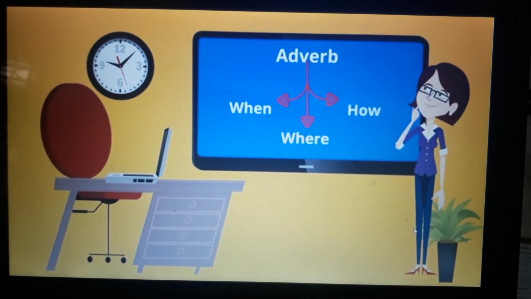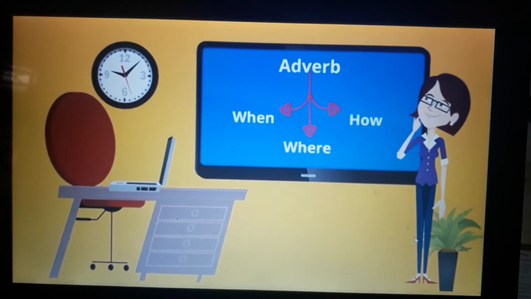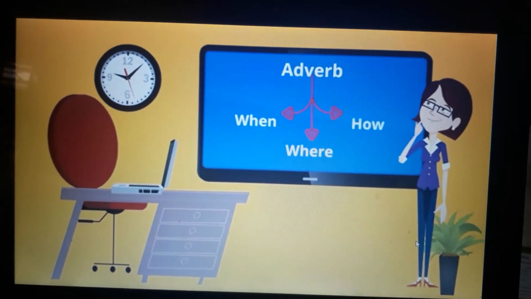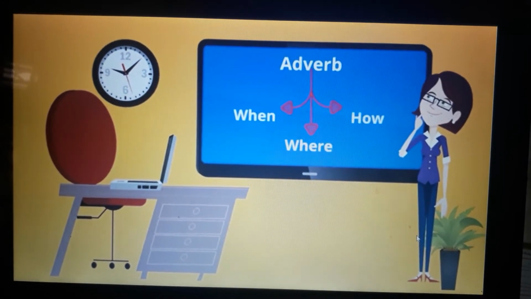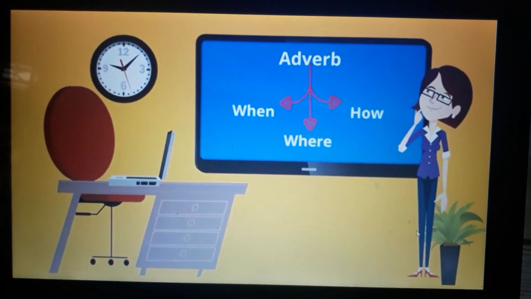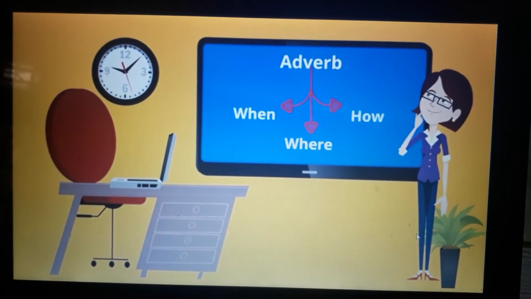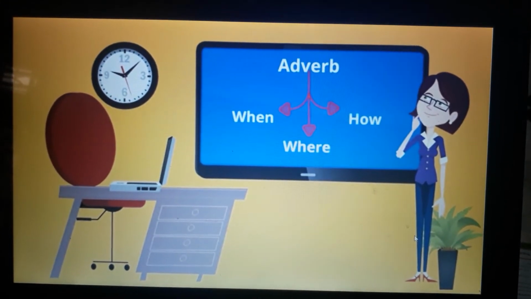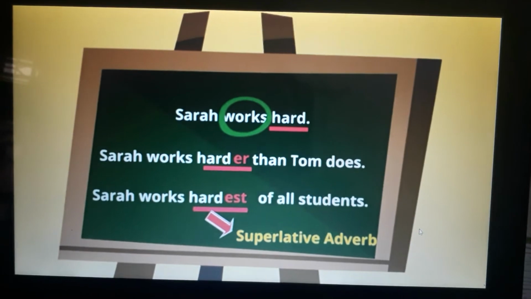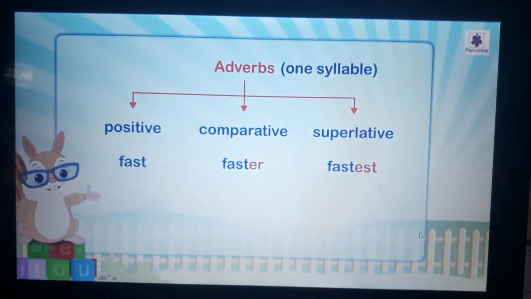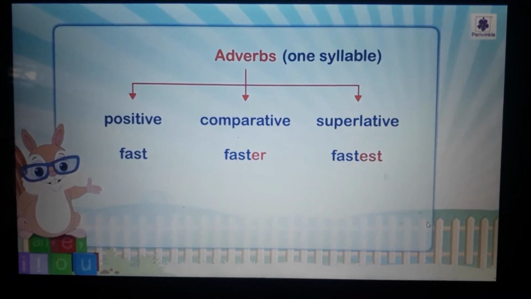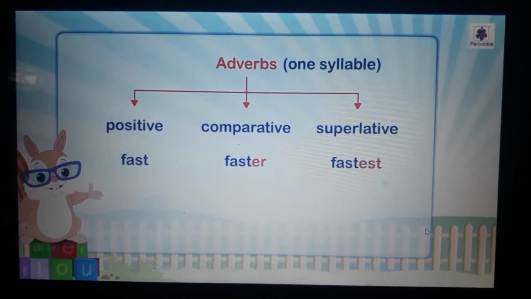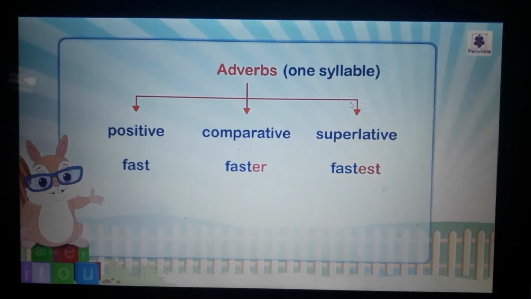In the same way, we also have 3 degrees of comparison in adverbs: positive degree, comparative degree, and superlative degree. I'll discuss this in detail. We can divide adverbs into 3, like positive, comparative, and superlative. You can look at this.